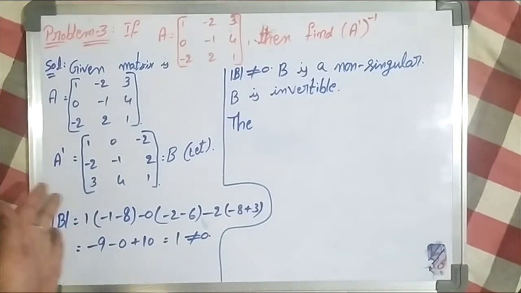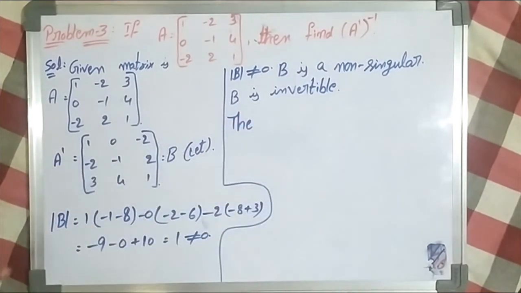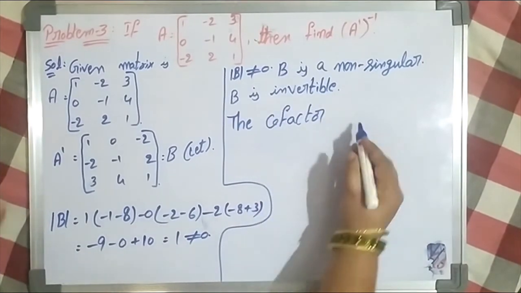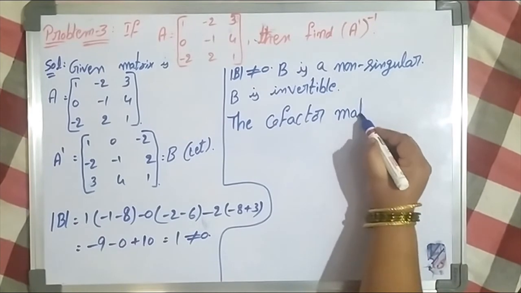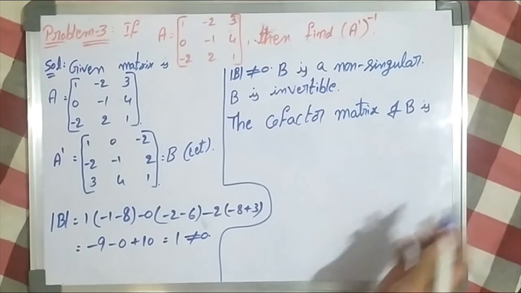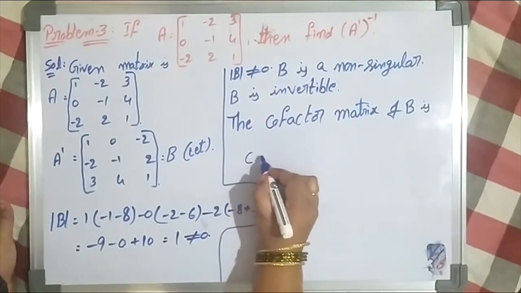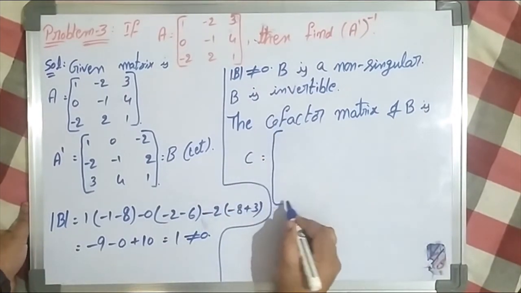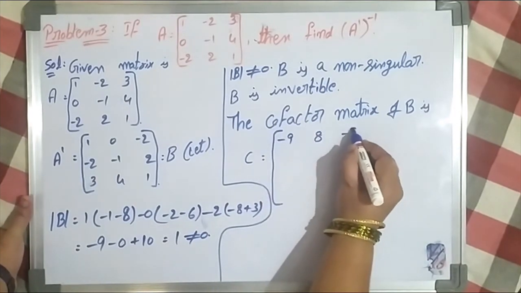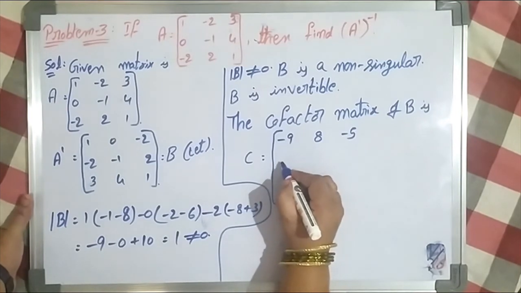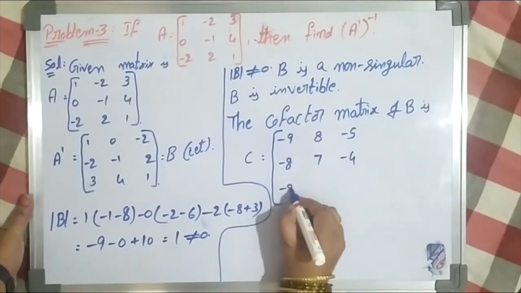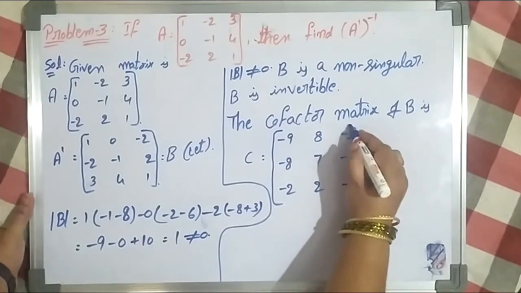The cofactor matrix of B, let it be C, by the procedure of finding a cofactor matrix, is [minus 9, 8, minus 5; minus 8, 7, minus 4; minus 2, 2, minus 1].